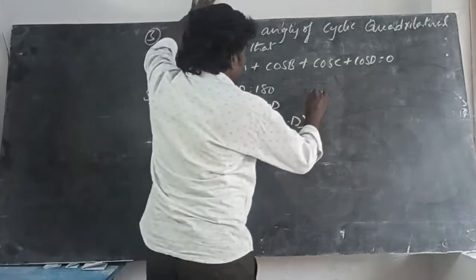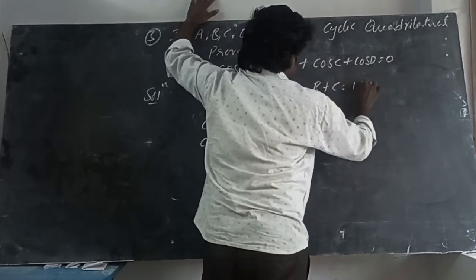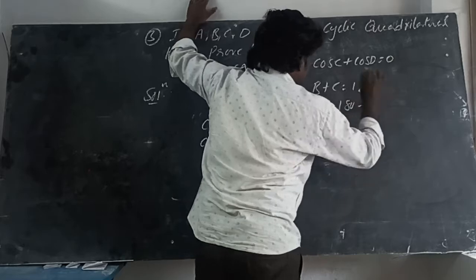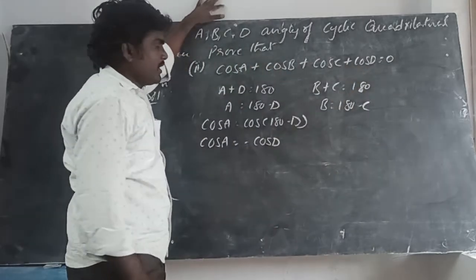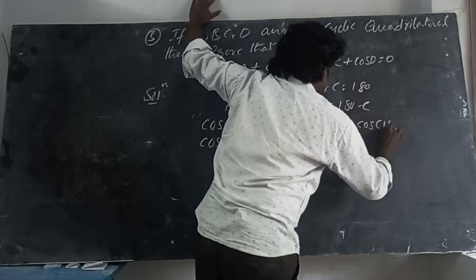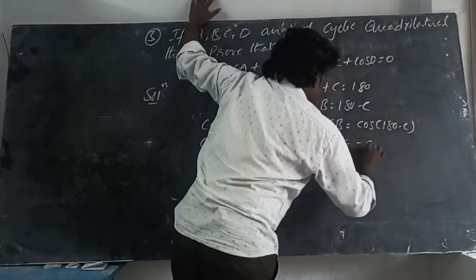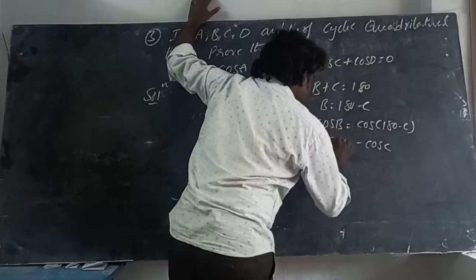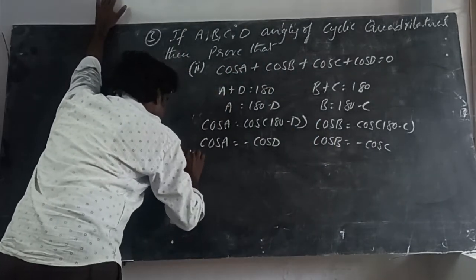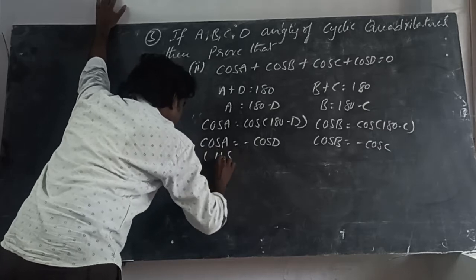Next, B plus C is equal to 180. B is equal to 180 minus C. So cos B is equal to cos of 180 minus C, that is minus cos C. Cos B is equal to minus cos C. Here, take the LHS. What is the LHS?